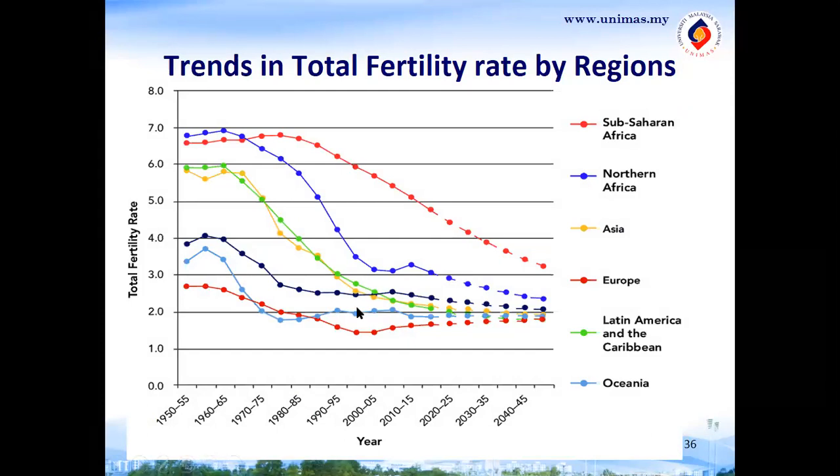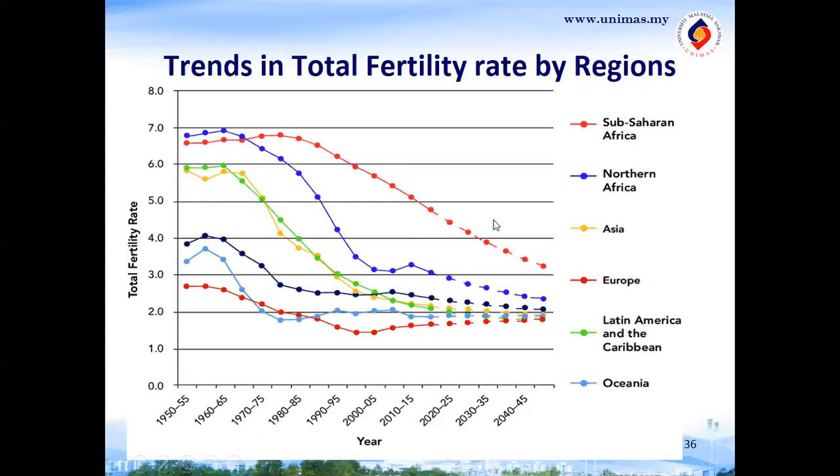Konsepnya. Ini adalah merupakan perbandingan trend in terms of the total fertility rate by regions. Maknanya per woman. Remember, this is the average per woman, having considered all the different age-specific fertility rates tadi.